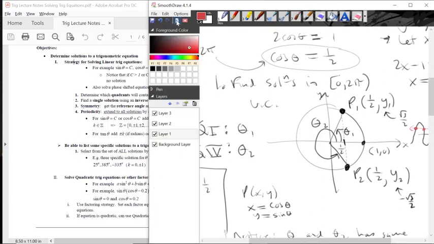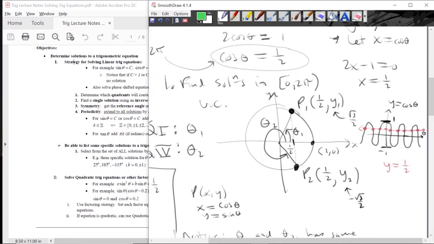Now, which was the solution that the calculator gave us? Look at it in the wave. The calculator gave us this solution right here, theta 1. On the wave, that would be this solution right here. That's the solution, pi over 3.